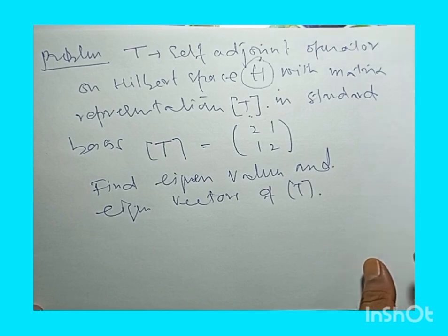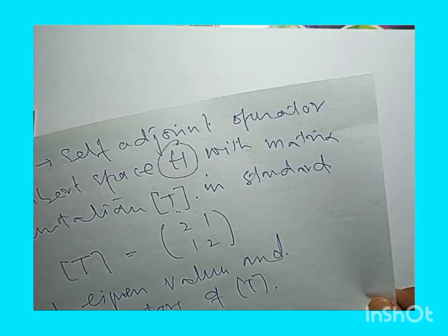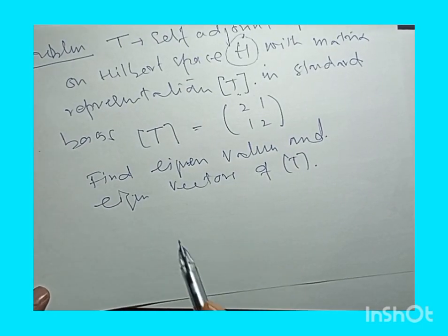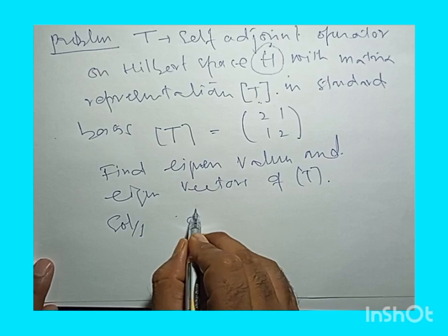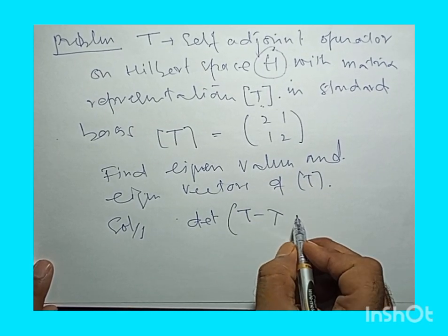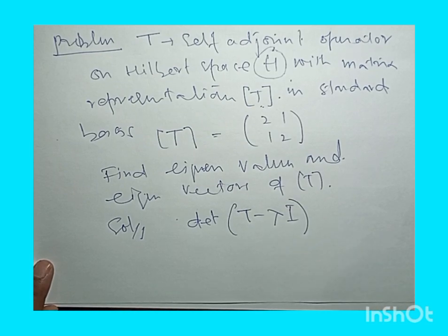So we can start with the characteristic polynomial. If we have to calculate the eigenvalues, what we will do is take the determinant of T minus lambda I, where I is the identity matrix.